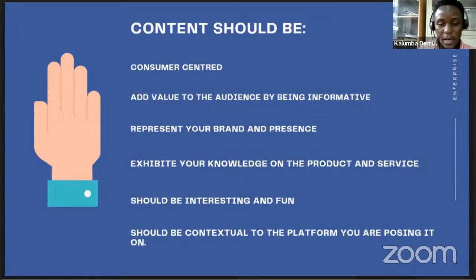That's the second characteristic of your content: it must add value to the audience, which is your followers, by being informative. Then it must also represent your brand, and the presence of your brand. Also, it must exhibit your knowledge on the product and service that you provide.